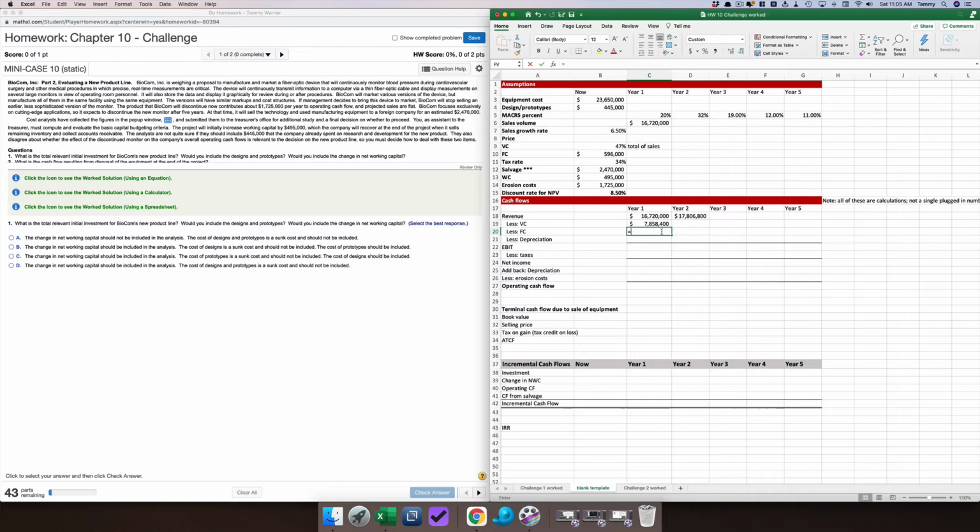Fixed costs are going to be this 596,000, absolute. And depreciation is going to be this MACRS percentage for the year times the equipment cost, which we can make absolute. That then gives us our earnings before interest and taxes, which is the revenue minus all these costs.